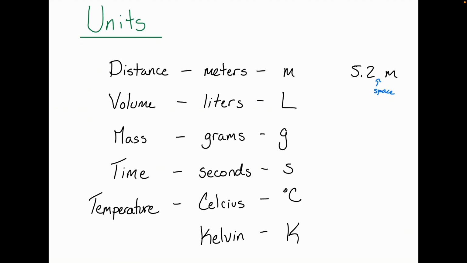All right, so we're always going to be talking about measurements. Those measurements will have different units on the end, and those units correspond to what it is that we're measuring, right? Are we talking about 5.2 grams or 5.2 meters? Okay, so when we're doing our calculations, how do we carry our units?